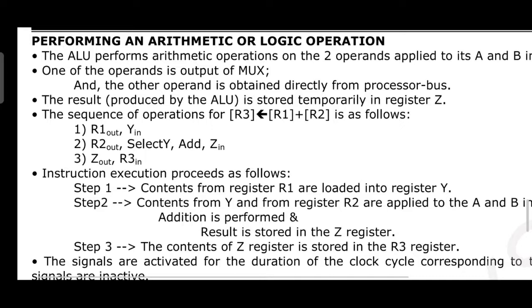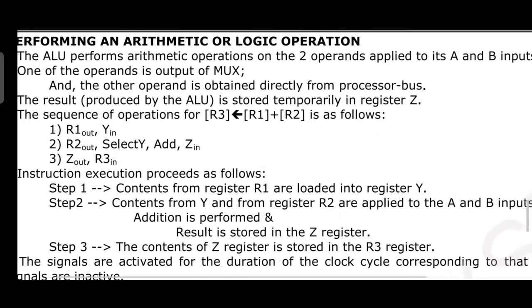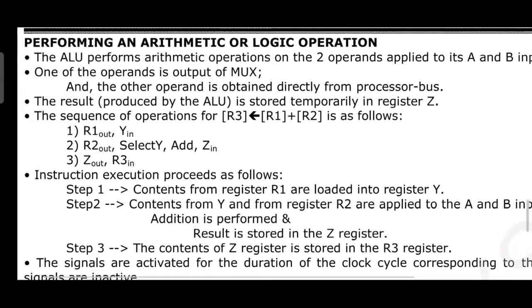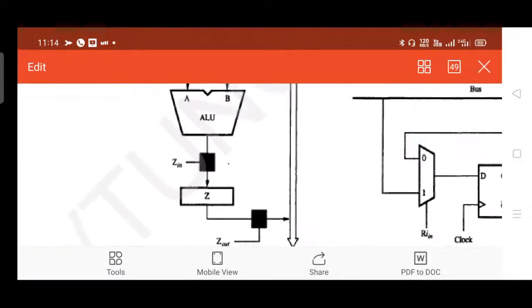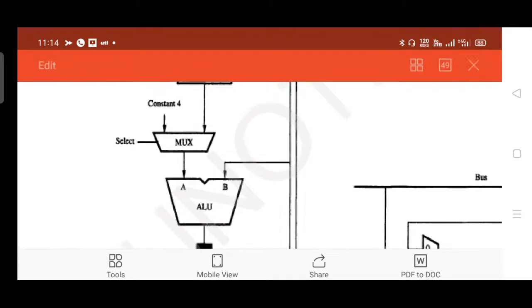So next is performing an arithmetic and logical operation. How to perform the arithmetic or logical operation here? The ALU performs arithmetic operations on two operands applied to its A and B inputs. If you go through the diagram, you will come to know clearly. This is what the ALU is.